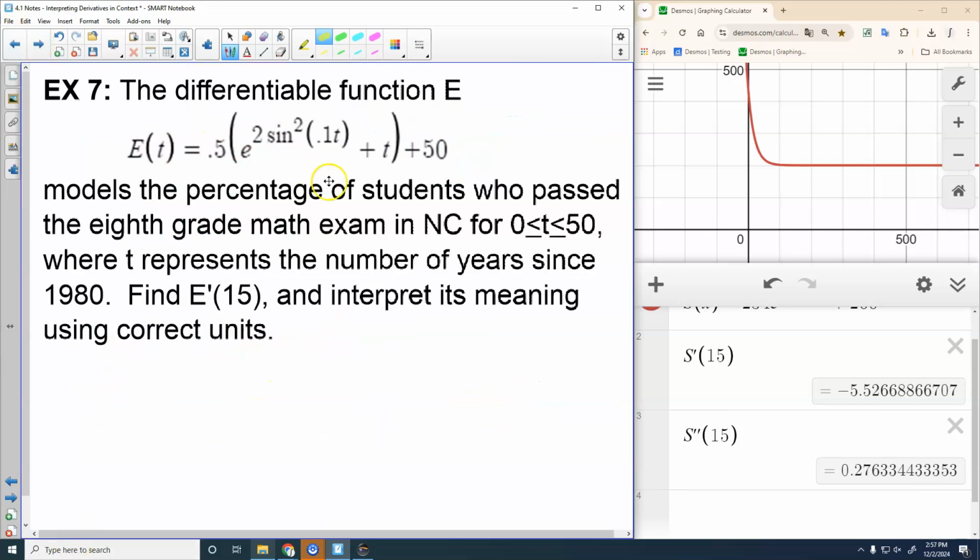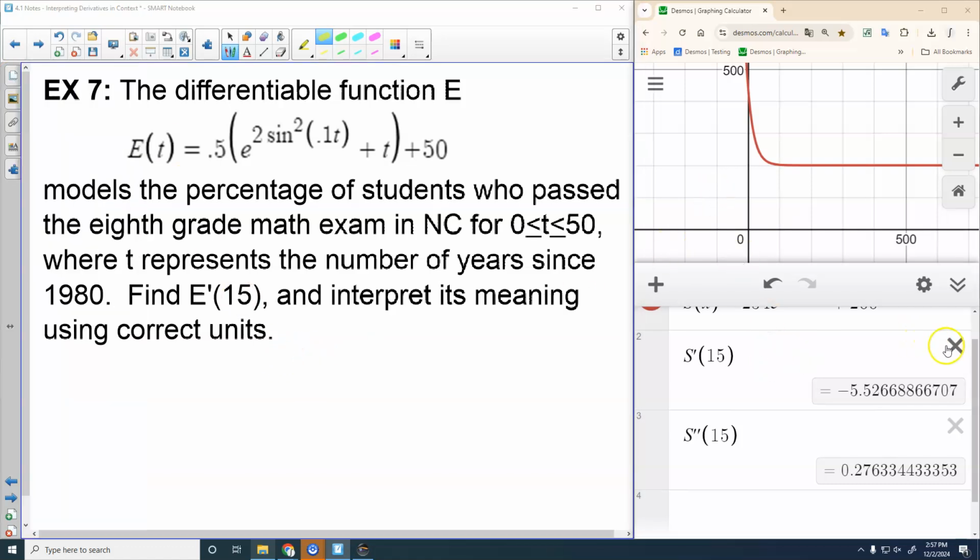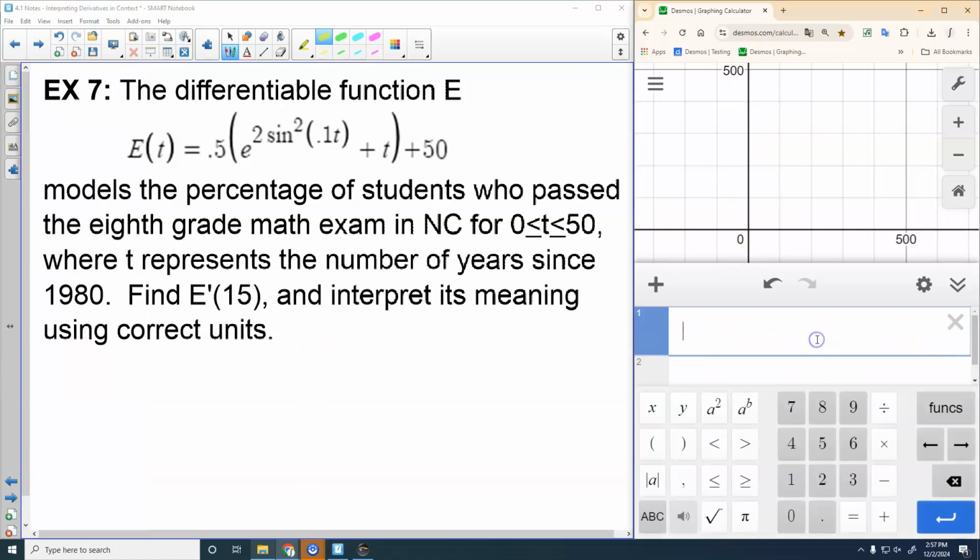All right, here is, is this our last one? This is last, right? Yep. Okay, so this is calculator active, big time calculator active, because that is a crazy equation.